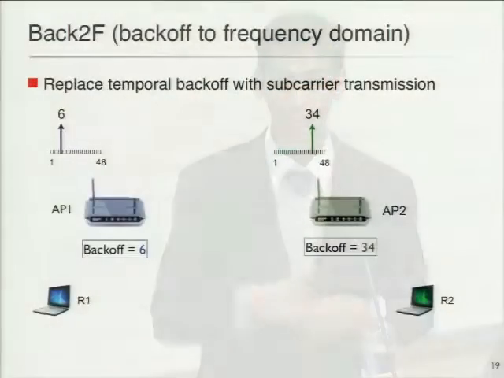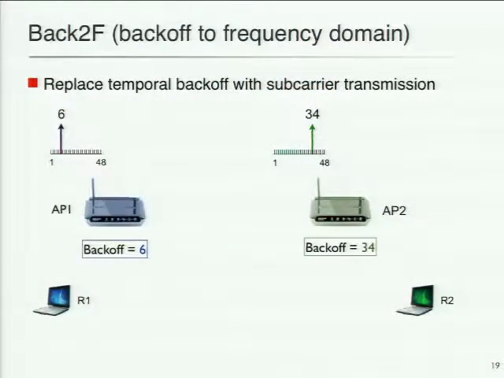Now Wi-Fi will make them count down from these numbers. Instead, we'll make them transmit these Backoff values on their corresponding subcarrier. So AP1 will transmit a signal on its 6th subcarrier because this Backoff value is 6. AP2 will transmit a signal on its 34th subcarrier because its Backoff value is 34.